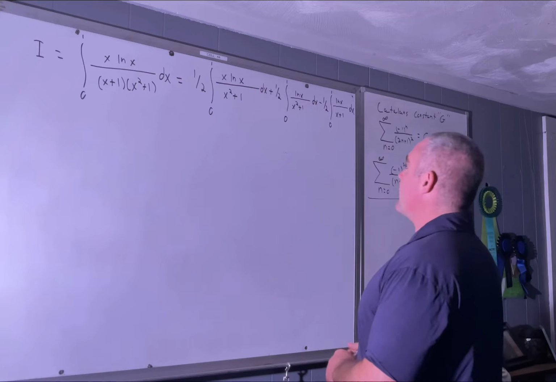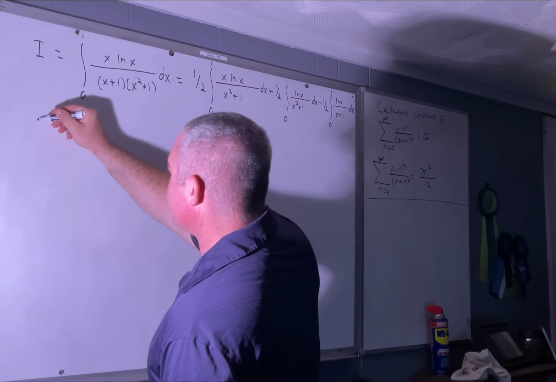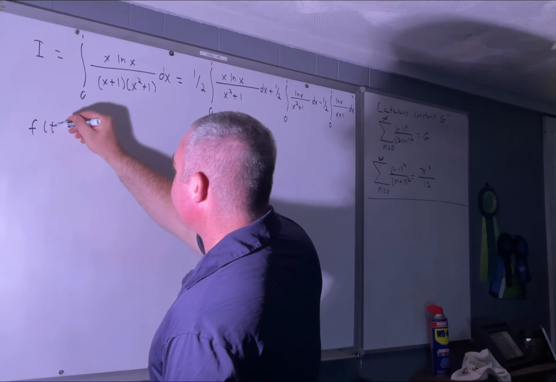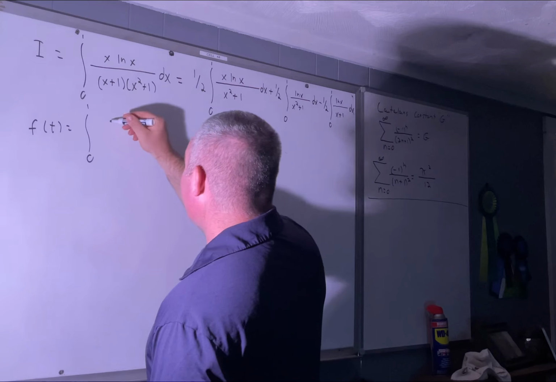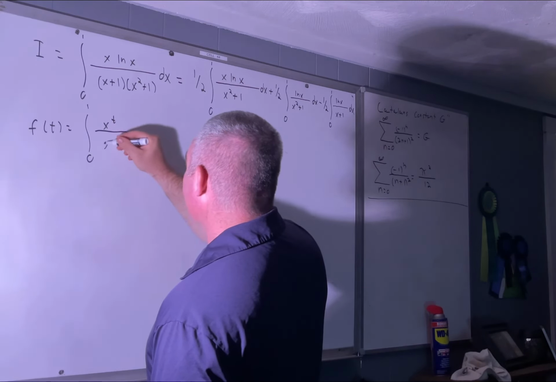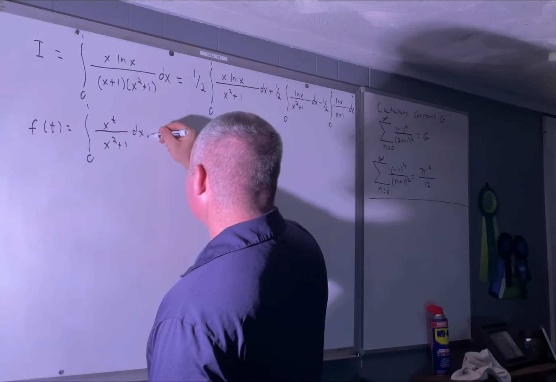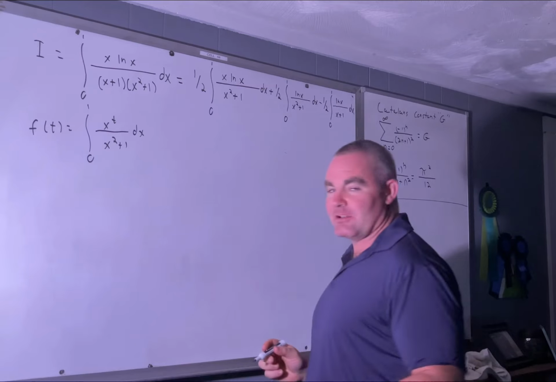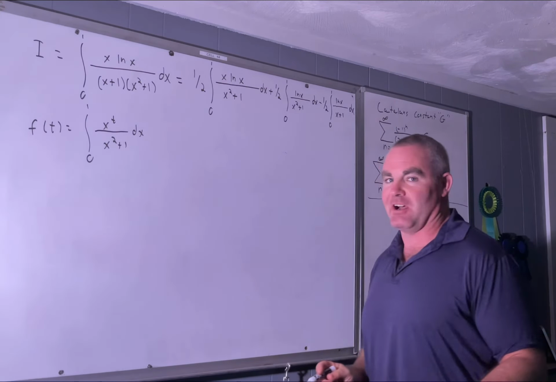All right, so now let's create two functions of t. We'll create f of t, which is going to be equal to the integral from 0 to 1 of, say, x to the t over x squared plus 1 dx. And right away, I'm going to show how this can be represented as a sum.